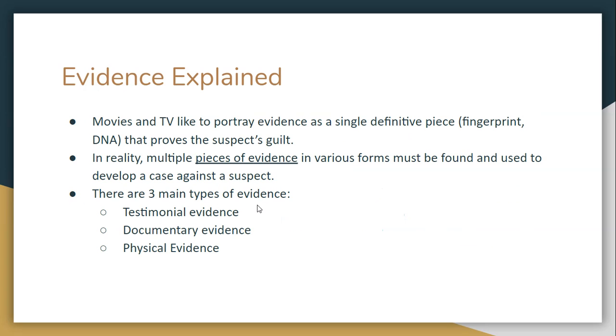Movies and TV really like to portray a single piece of definitive evidence, like a fingerprint or DNA, as the thing that proves a suspect's guilt.